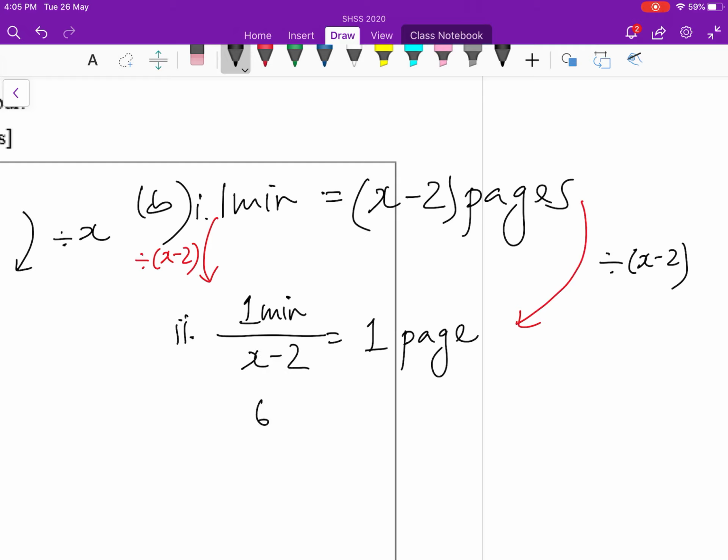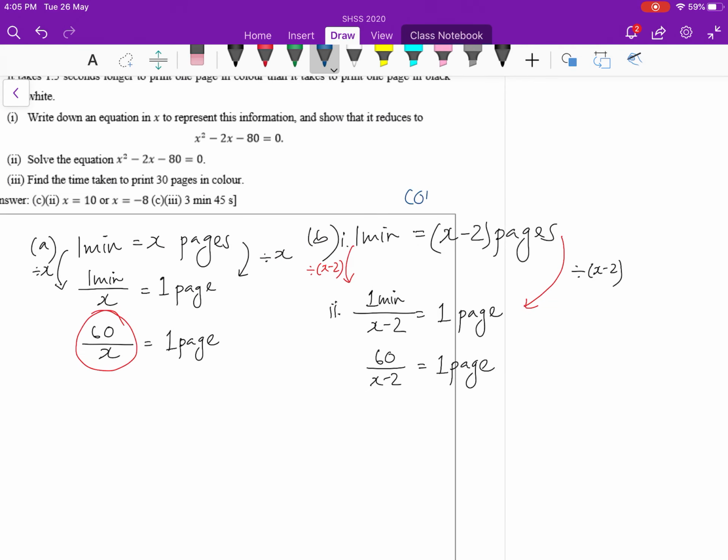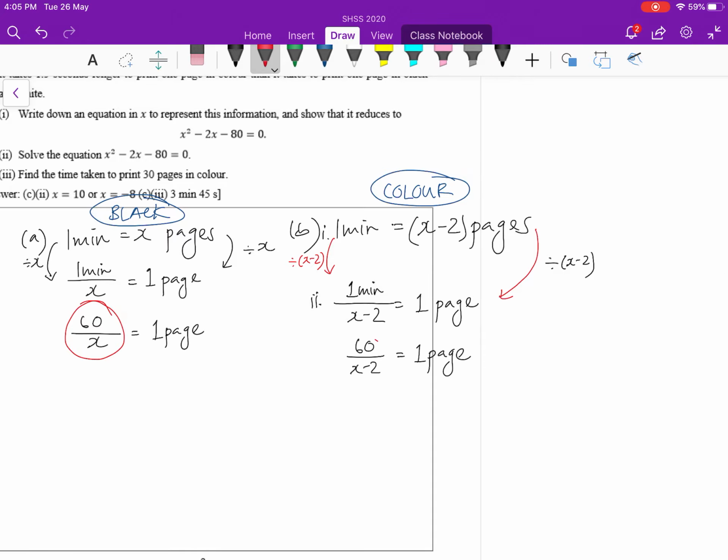But I want it in seconds, so it's 60 over X minus 2. That is equal to 1 page in color. So I label this one color, this one black and white, so that I know what I am doing. So this is the answer: the number of seconds it takes to print 1 page in color.